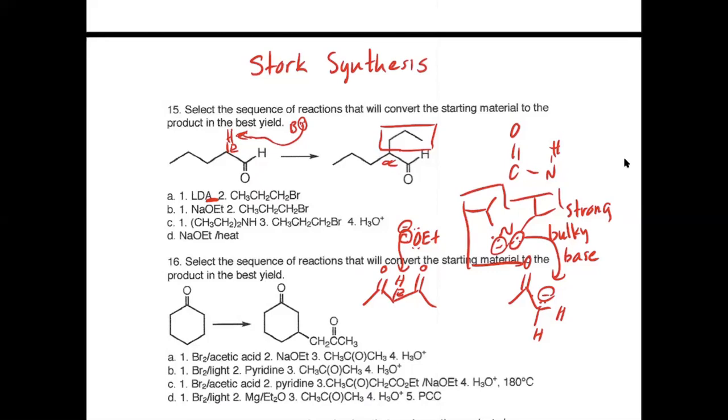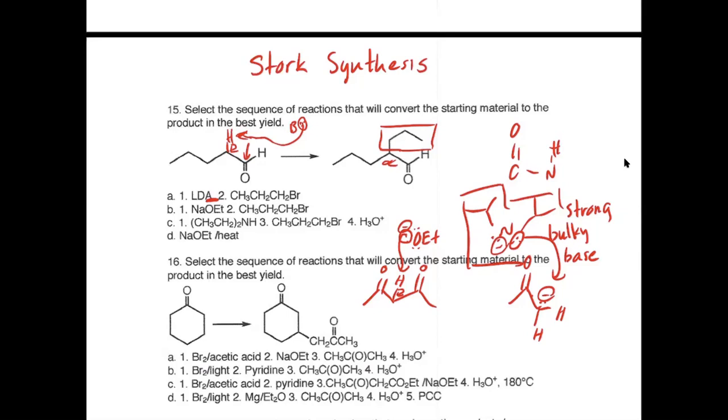So LDA is not going to be used for aldehydes. Despite the fact that the base is so bulky, an aldehyde doesn't have a lot of steric hindrance. It only has an itty bitty hydrogen on one side. So sometimes you can have attack of the carbonyl carbon instead of deprotonation.